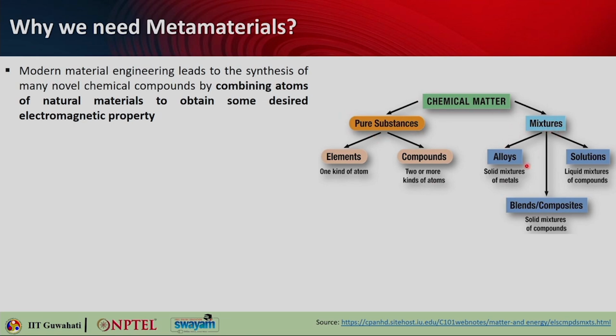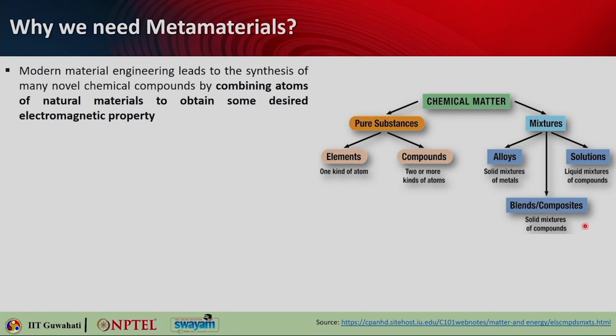Mixtures can be like alloys, which are basically solid mixtures of metals. There can be solutions, which are basically liquid mixtures of compounds, and there can be blends, which are basically composites, solid mixtures of compounds.